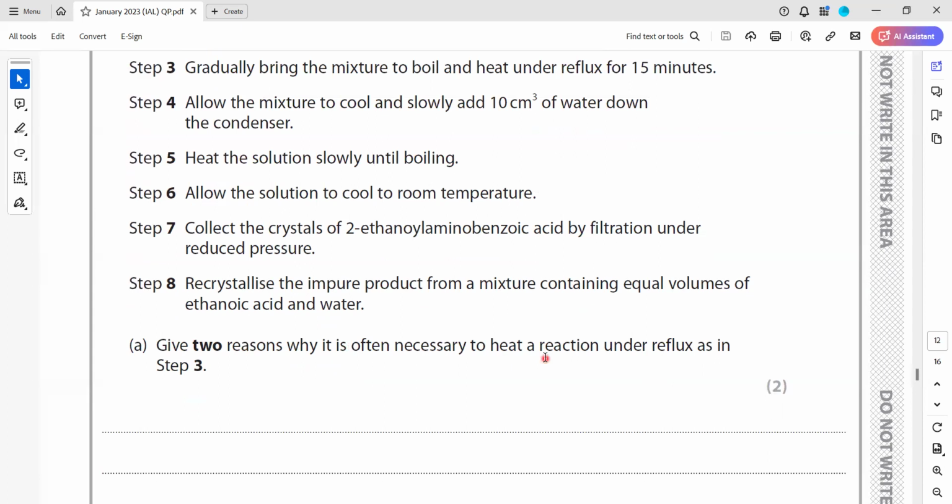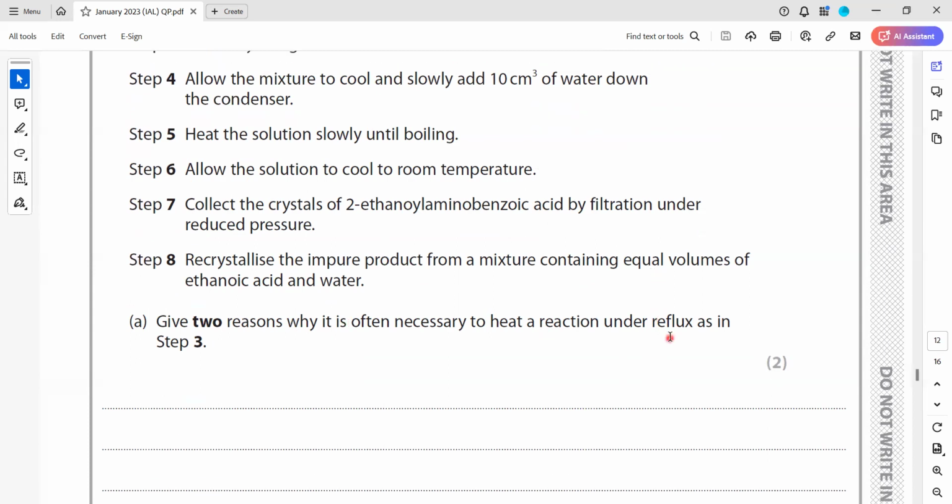One is heating so that they mix thoroughly, because the reaction is slow, and the other is that a vertical reflux condenser is there, so it prevents the reaction mixture from escaping. Otherwise, the reaction mixture might escape, and that's why the vertical or reflux condenser is used.